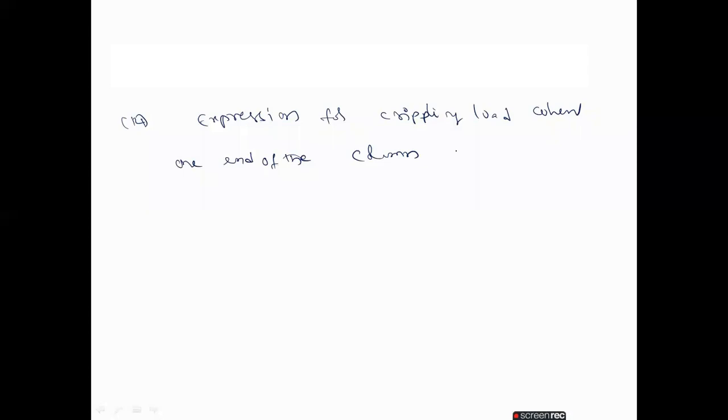Okay, now the fourth one is expression for crippling load or buckling load, whatever it may be, when one end of the column is fixed and the other end is hinged or pinned.